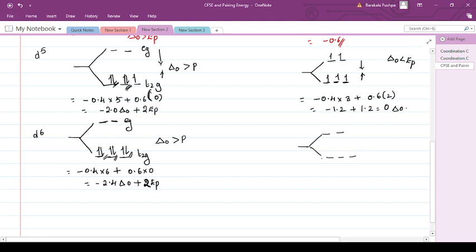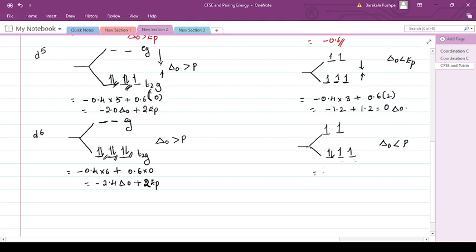Again, let us consider the same system in the high spin complexes. Now d6. Here, the magnitude of splitting is less than the pairing energy. So the energy is sufficient for an electron to jump into the higher level. 1, 2, 3, 4, 5, 6. You see there are only 2 electrons that are paired, so it is 2 EP.